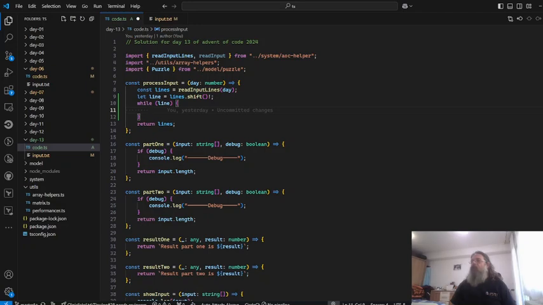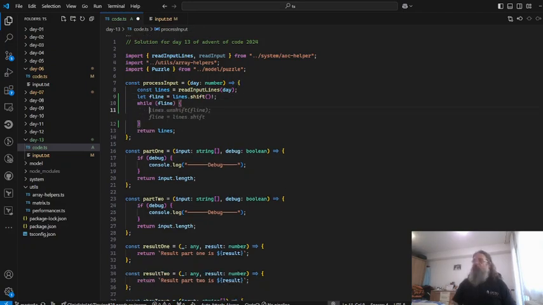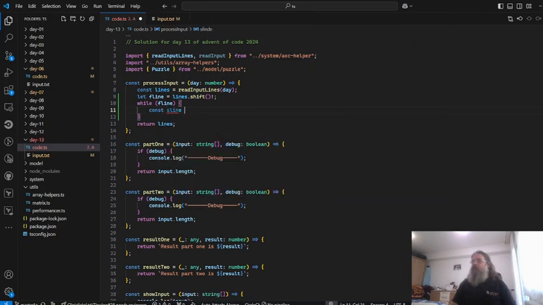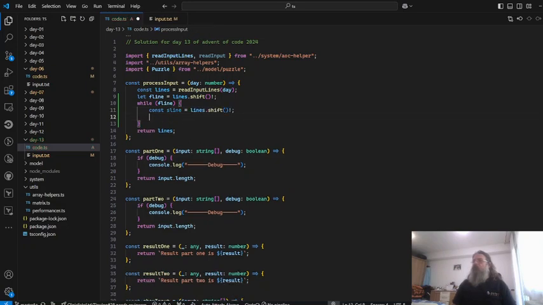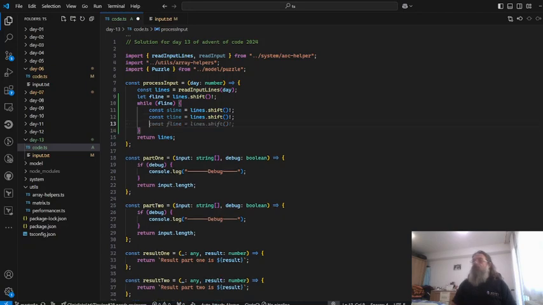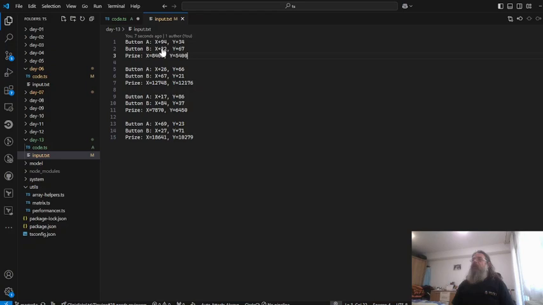So actually we'll call this first line. We're gonna take the second line, and once more the third line, and we're gonna shift once more just for good measure, because that should be the empty line after that.